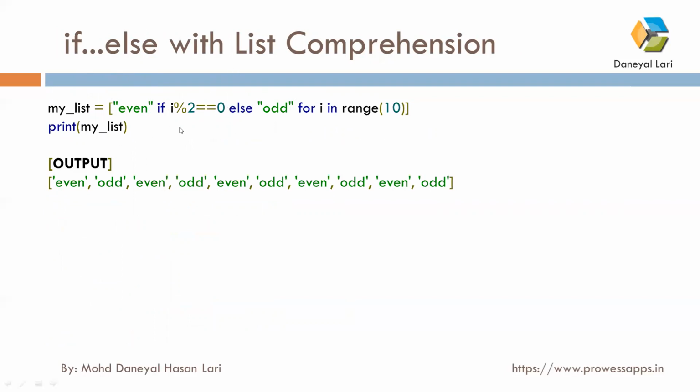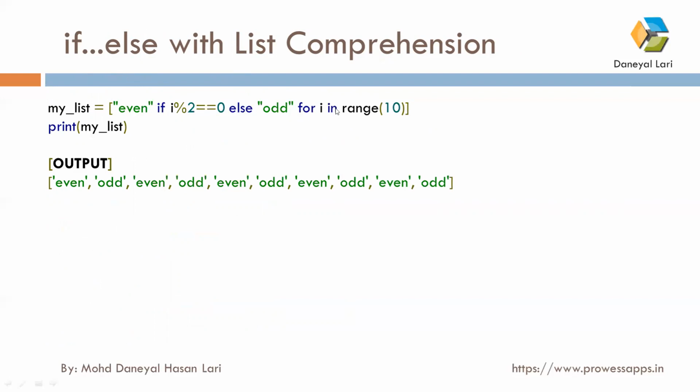So suppose we want to generate the even odd numbers in my list. What we can do: if the number is divisible by 2, then that number is even, otherwise that number is odd. To check whether the numbers are even or odd, the condition will look like this. But for which numbers?